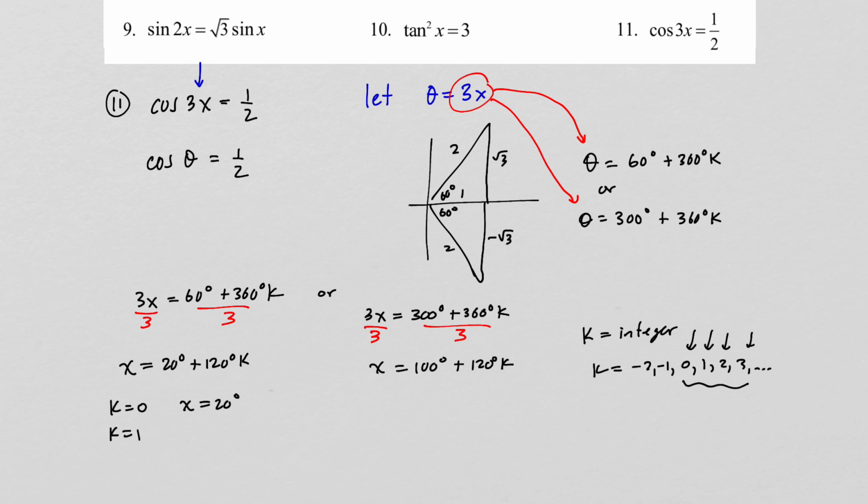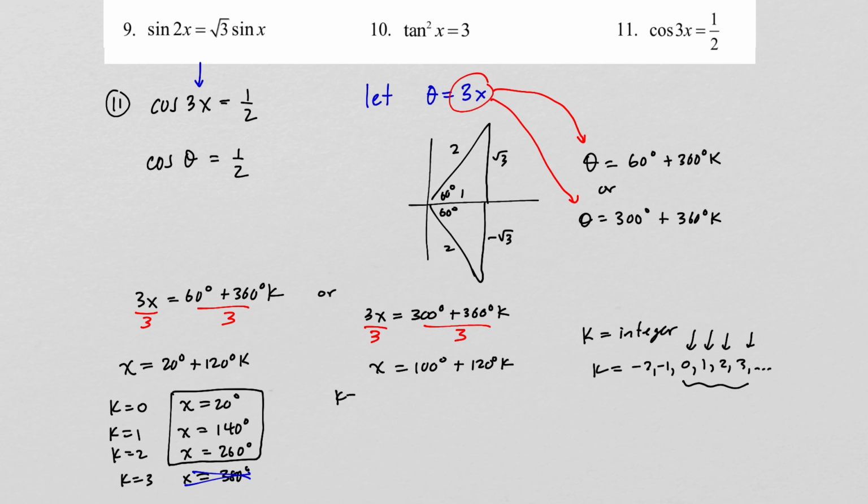If k equals 1, we get x equals 20 plus 120, which is 140. If I let k equal 2, we get 20 plus 240, which is 260. And then notice if I let k equal 3, we get 20 plus 360, which is 380. But this is bigger than 360, so we're going to throw away this solution. So our only solutions here are going to be 20, 140, and 260.